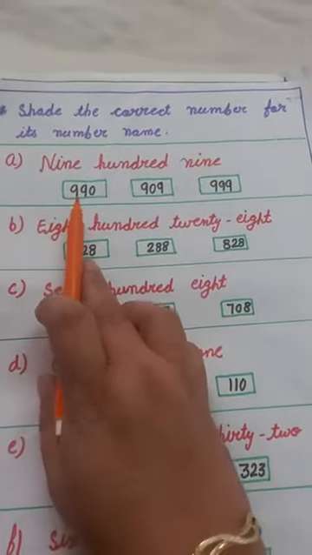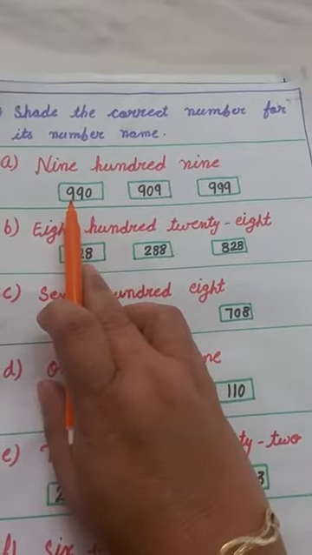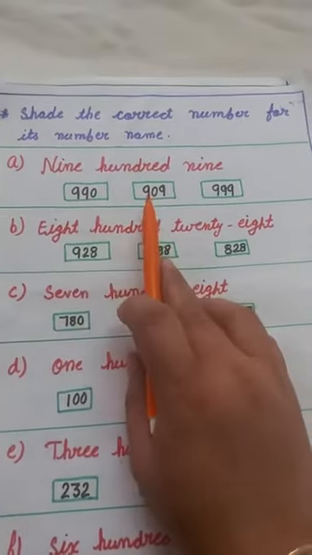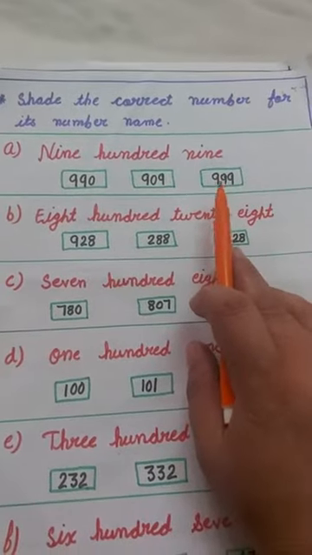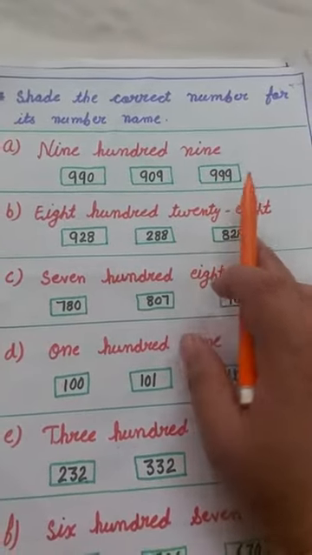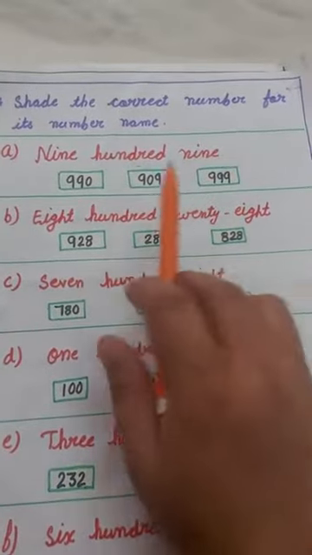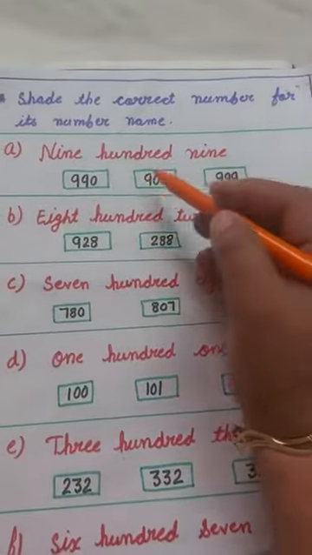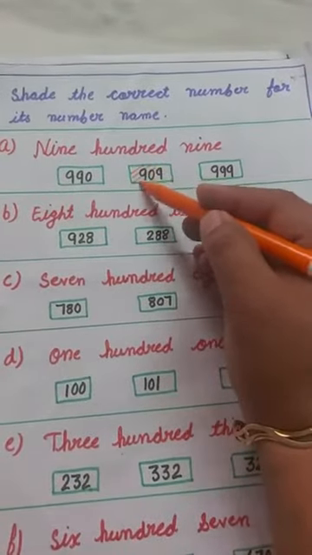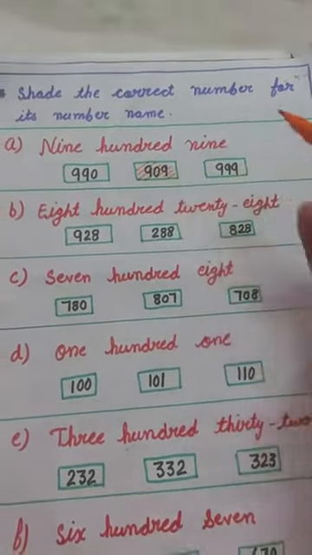So let's start. This number is 990. Here the given number is 909, and this the given number is 999, and we have to shade the correct number of 909, and that is this number. So we will shade it like this.